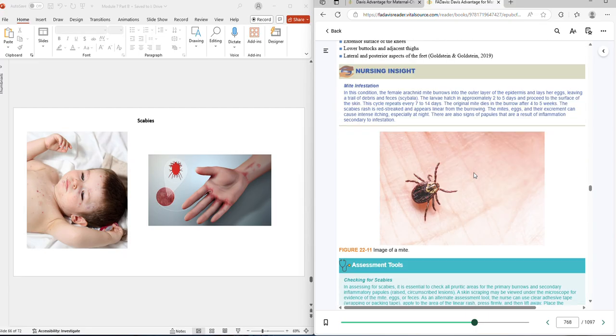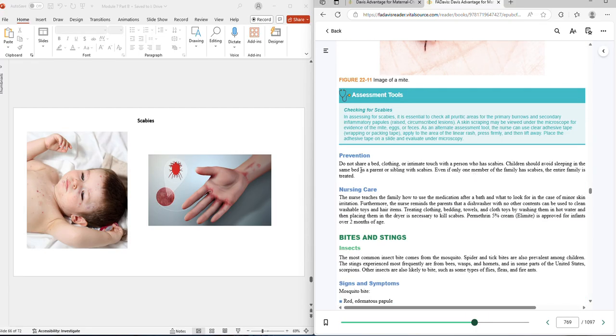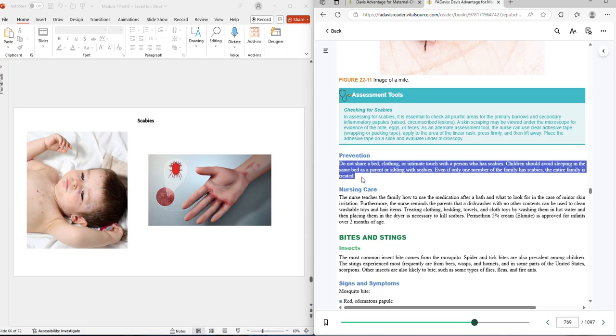So prevention, how do we prevent scabies? Okay, don't share beds, don't share clothing. Everything needs to be washed in heat and set outside for up to 10 days. You wrap up mattresses and clothes in trash bags to smother these mites, okay?